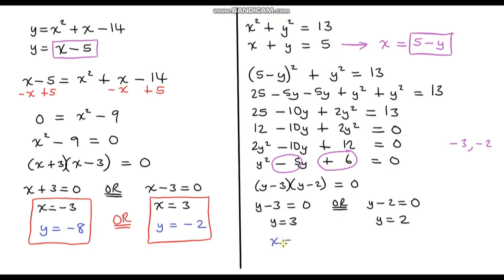So this time, when y equals 3, well, something plus 3 equals 5, therefore x equals 2. And this one over here, when y equals 2, we're going to have something plus 2 equals 5, so x equals 3. So our solutions for this equation will be y equals 3 and x equals 2, or y equals 2 and x equals 3.